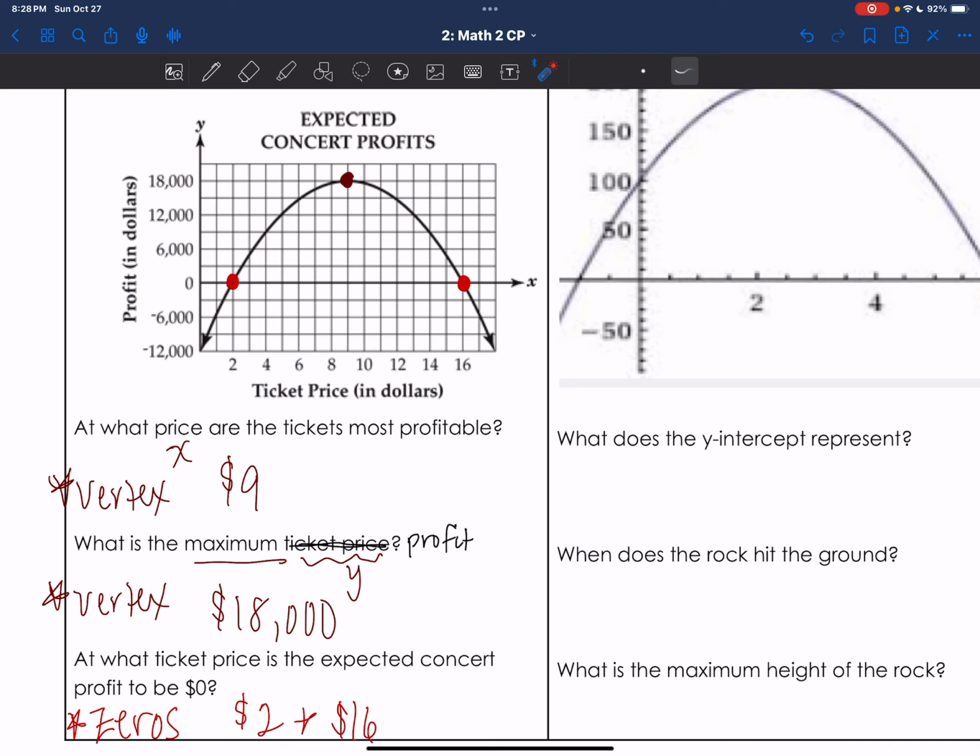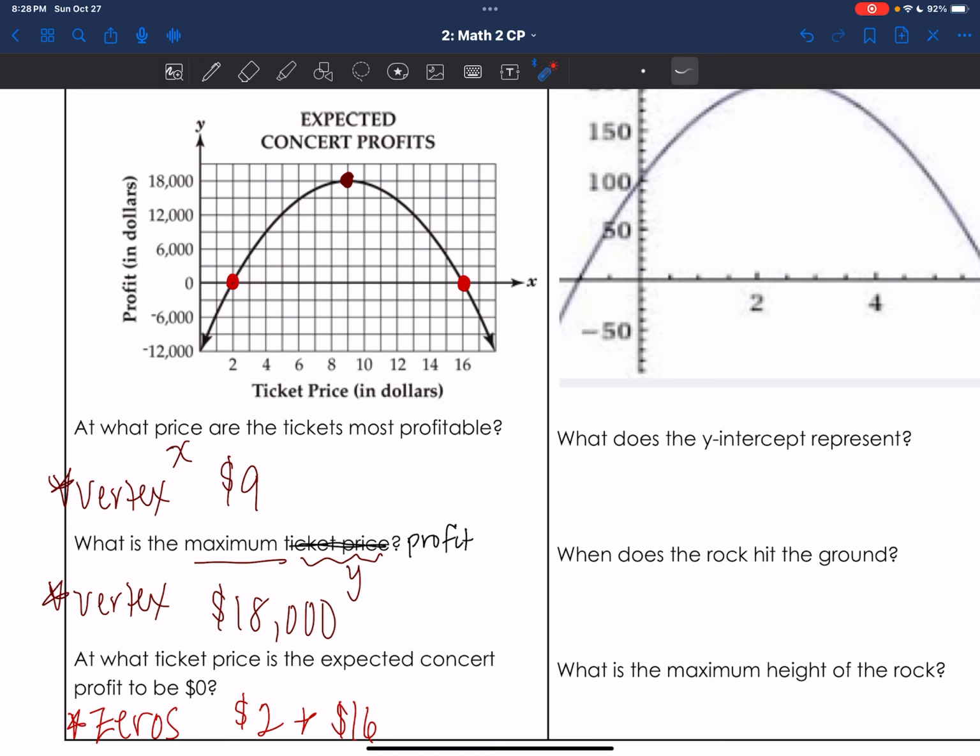We want to know, at what price are the tickets the most profitable? Well, price is your X value. So if you want the most profitable, you're going to use the vertex. This is the highest point, and this is at 9. So at $9 is when we're going to make the most profit.